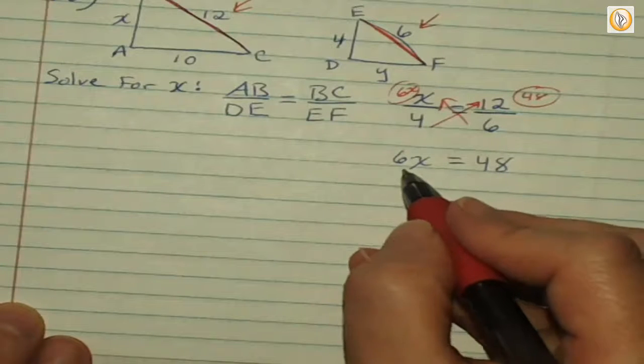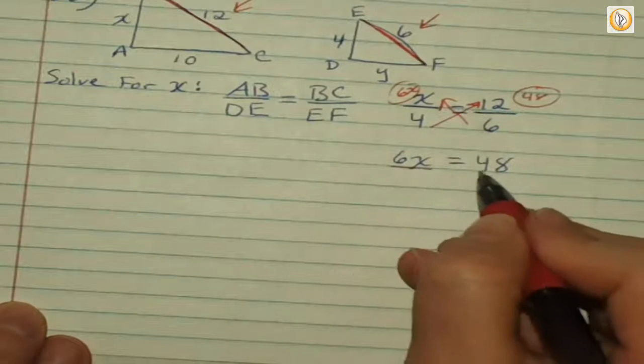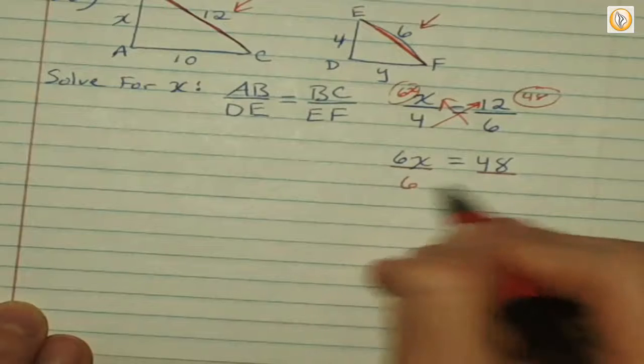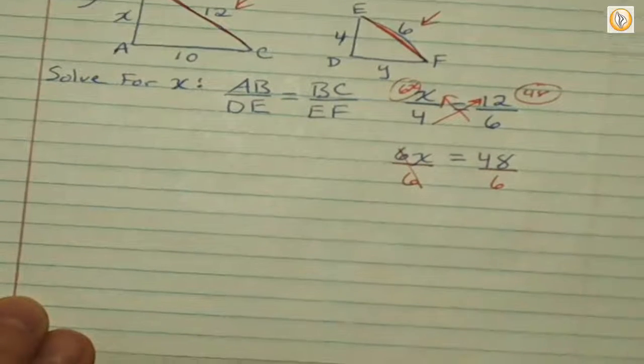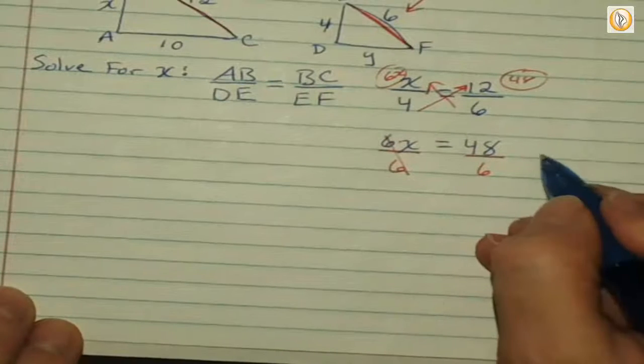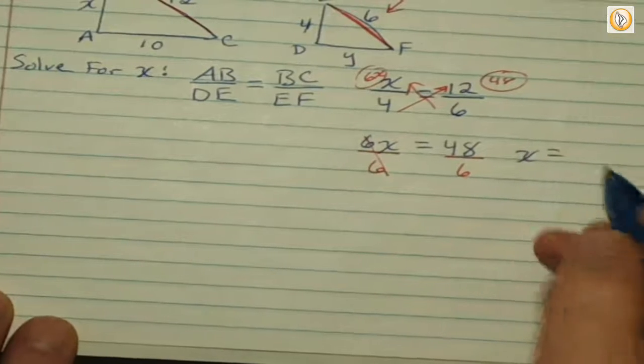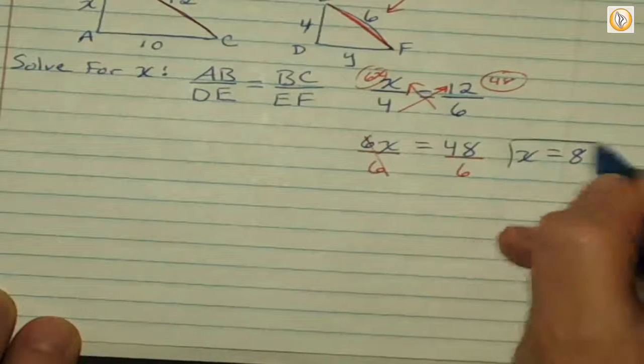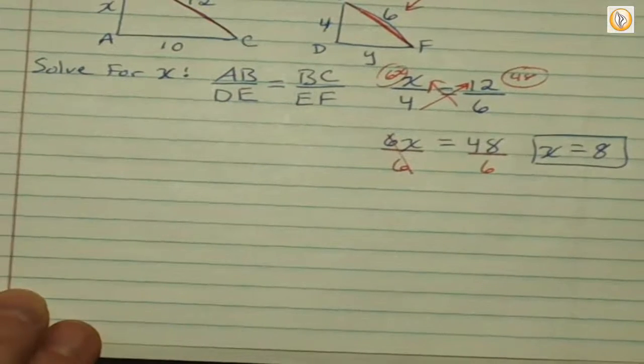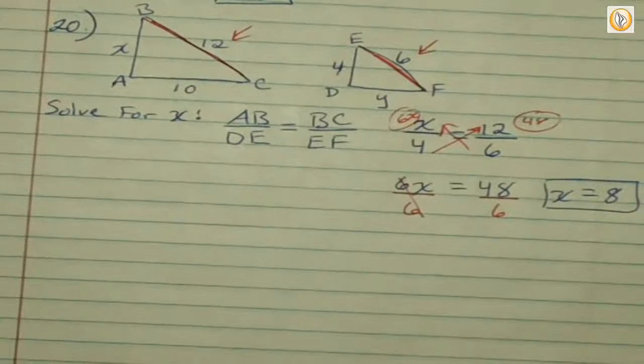Multiplication. That's right, and we have to do the opposite, which is division, because we're isolating x by itself. We want to get it all by itself. So we divide both sides by 6. So x equals 8. Any questions?